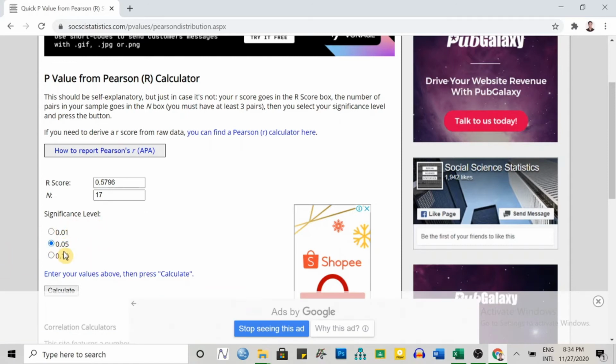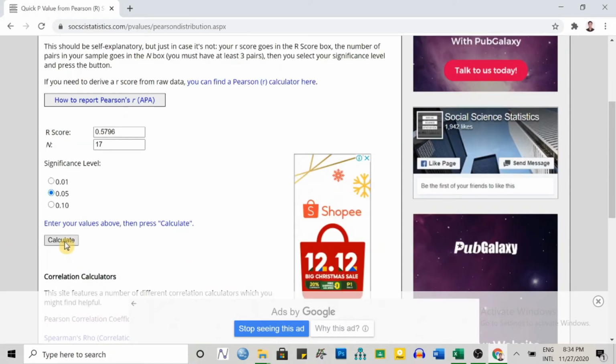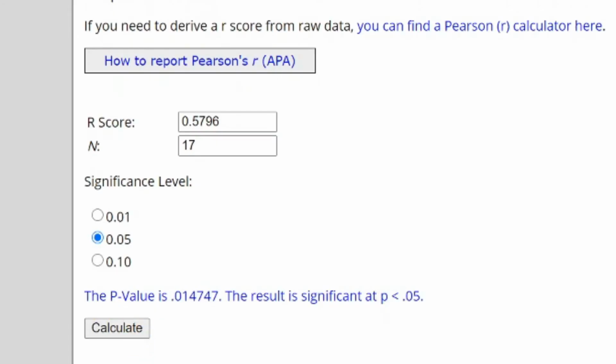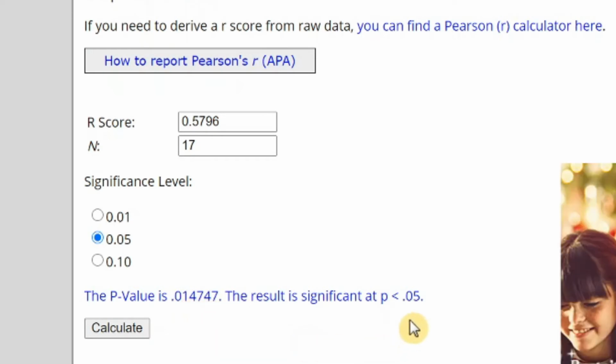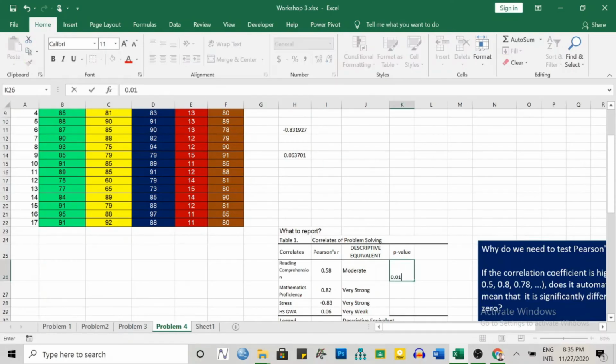Our alpha is 0.05, and then let's calculate. This is the result. The p-value is this one, 0.014747, and of course that is less than 0.05. Let us round this number into 2 decimal places, so that is 0.01. Let's put it here, 0.01.